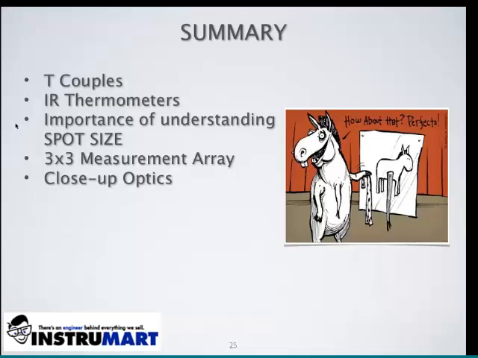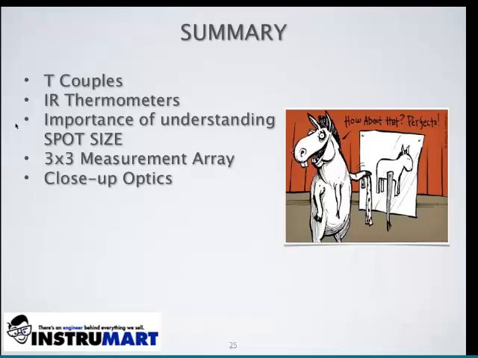Remembering that the spot size is equal to the IFOV, which is a fixed parameter for a camera and lens combination, multiplied by the distance. The distance is the parameter that varies or changes. But understanding spot size will tell me what an individual pixel element or detector will see.